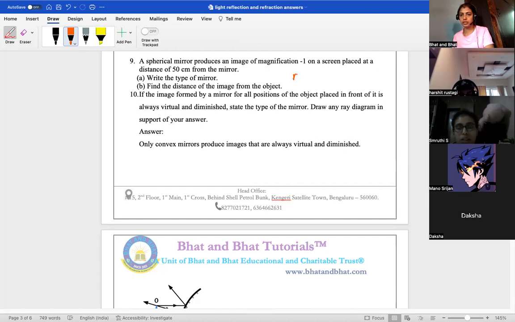So we can write m is equal to minus v by u. This is the formula. So we can write -1 is equal to minus v by u. So if you equate, you can say minus u is equal to minus v, or u is equal to v. Correct? So what is the type of the mirror you said? Convex.